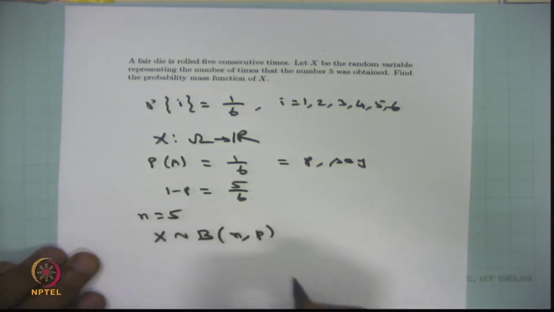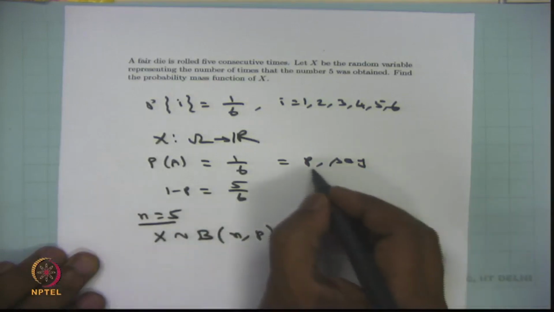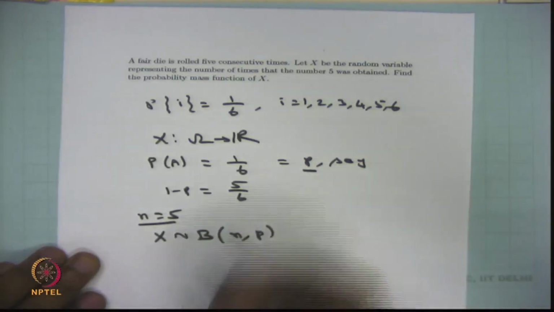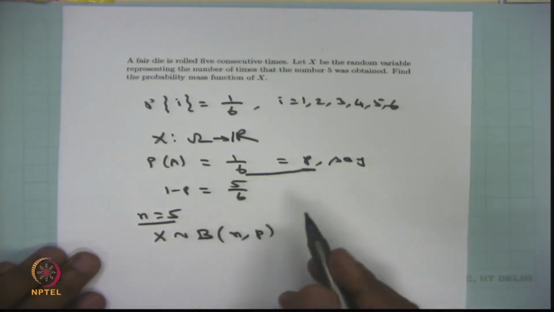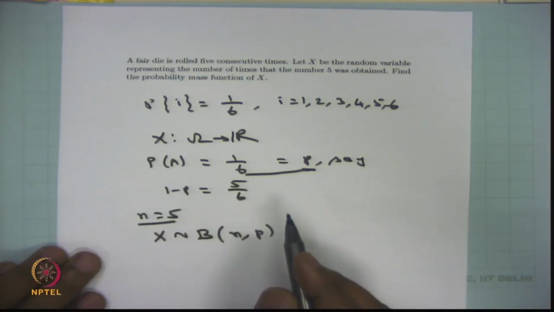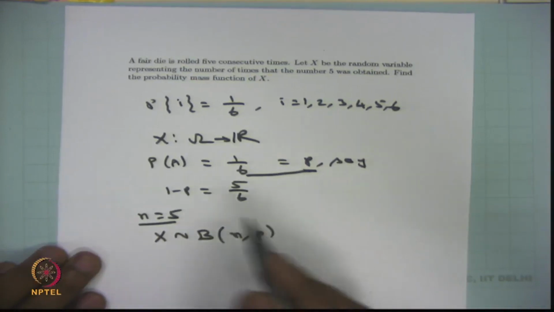Here n is 5 and p is 1 by 6. In this problem, X follows a binomial distribution with parameters n and p, where n is 5, because we are rolling the die 5 consecutive times, all independent, and the probability of success in each roll, getting the number 5, is 1 by 6.